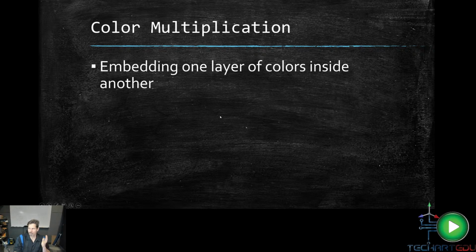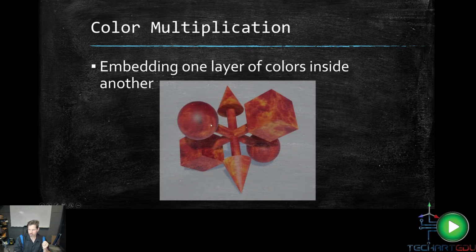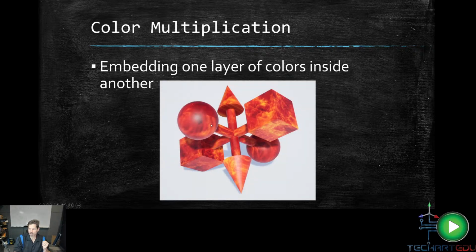So when you multiply colors against each other, you're going to end up with objects that are inside of each other. Now, in this image, I have two layers of colors multiplying against each other, and if you'll notice, it makes one object appear to be inside of another object.